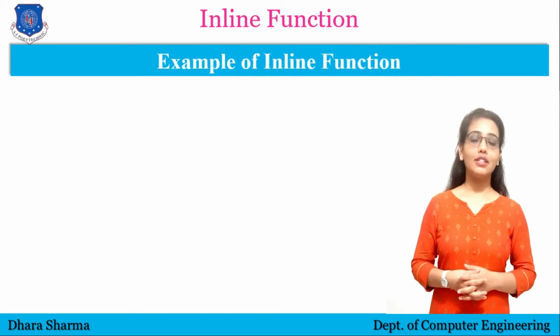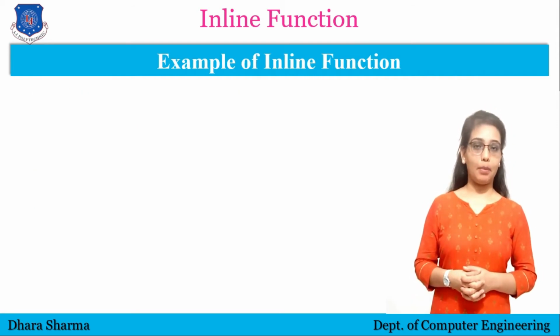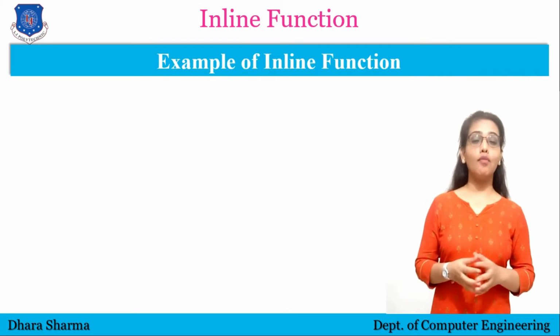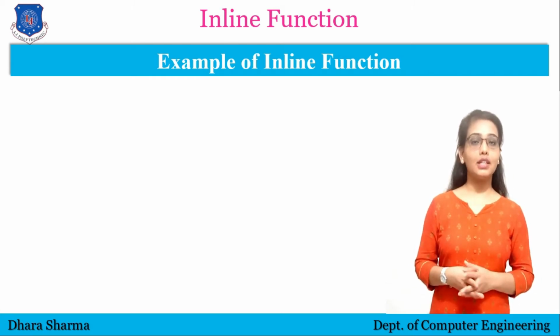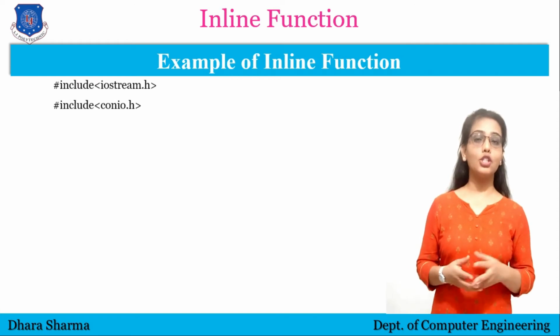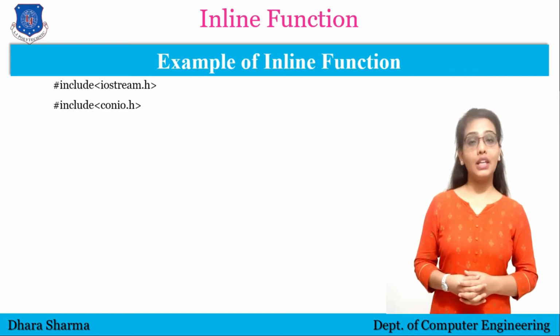Now let's see a simple program of an inline function. Here we have taken one example in which we create a function which will find the square of a particular value. So we will start by declaring some header files like iostream.h, conio.h. After that, there are two ways of defining functions.